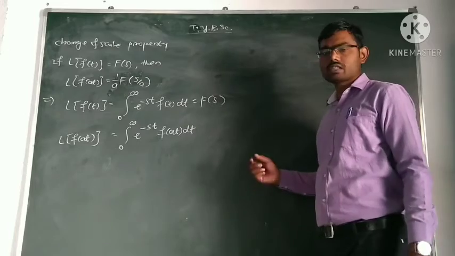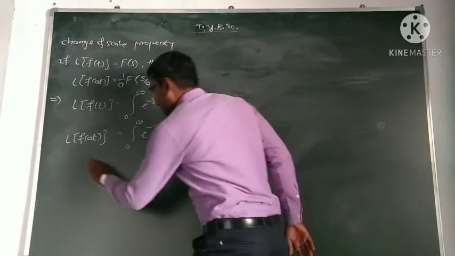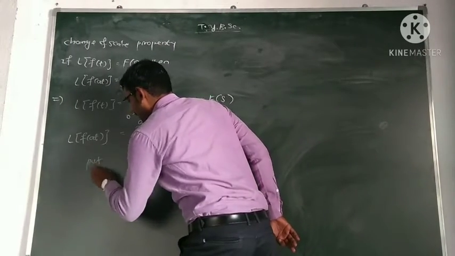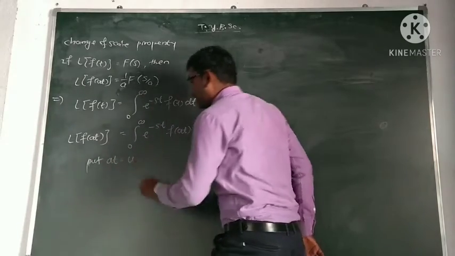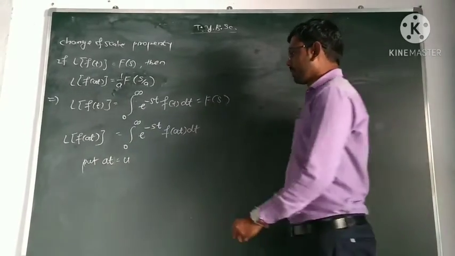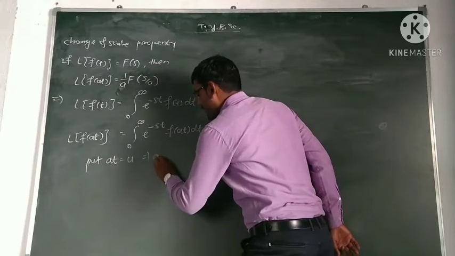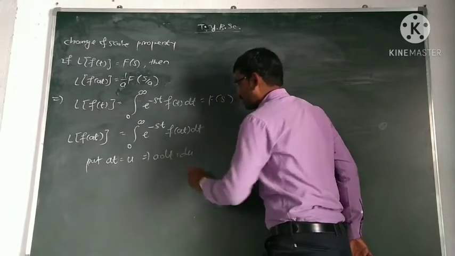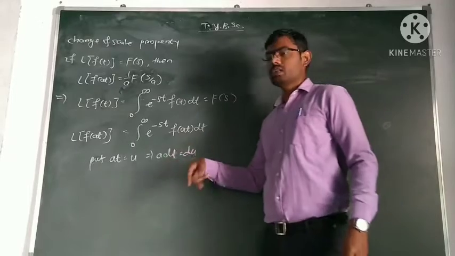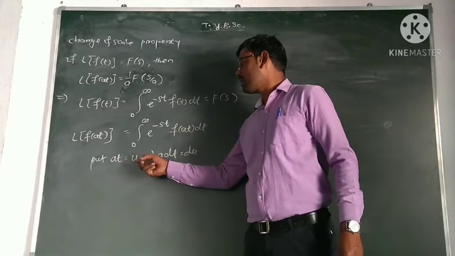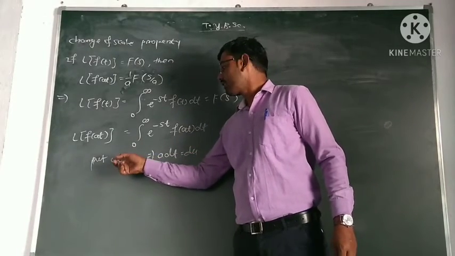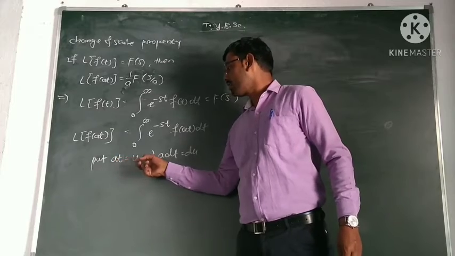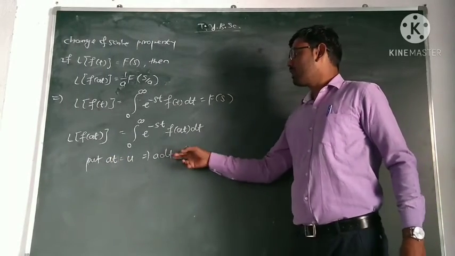Now for our simplicity, put a into t equal to u. This implies a into dt is equal to du. So we are changing the variable. Instead of t, our new variable is u. After differentiation, a is constant, so a into dt is equal to du. Okay, so put this value here.